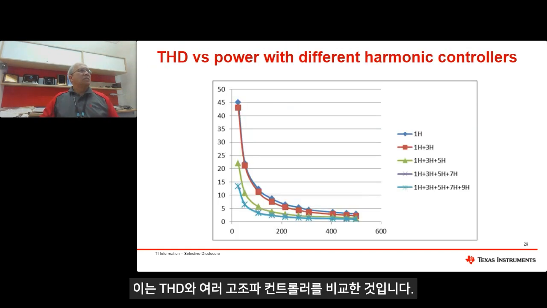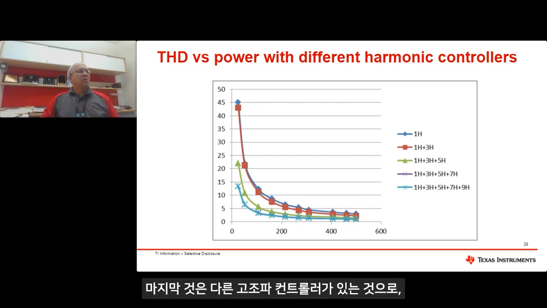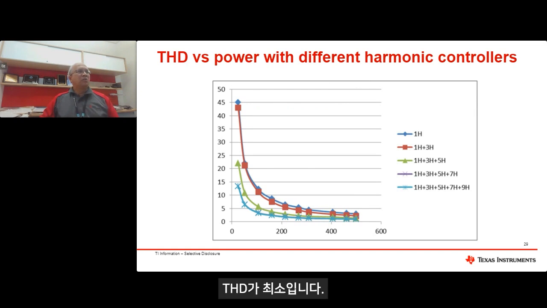So this is the THD versus different harmonic controllers. It shows that as we add more and more harmonic controllers, the THD is improved. The last one has the most harmonic controllers, and that has the minimum THD in this case.